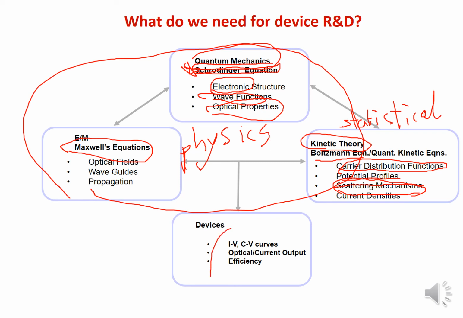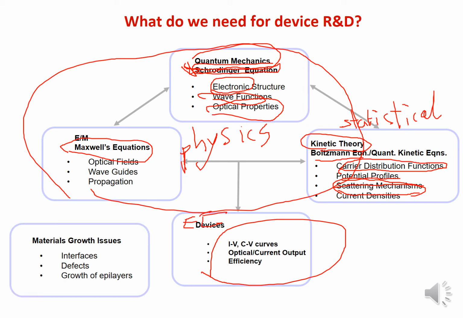And then there are the real electrical engineering concepts: IV, current-voltage; CV, capacitance-voltage curves; and optical output, current output, efficiencies. These are the electrical engineering concepts. And also chemistry. Material growth issues are closely related with chemistry.